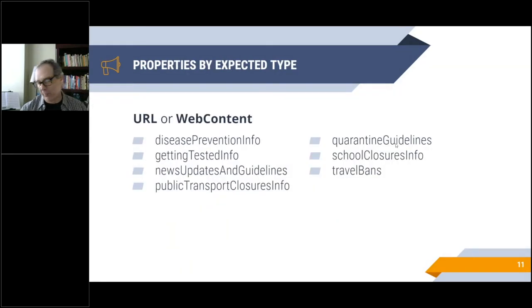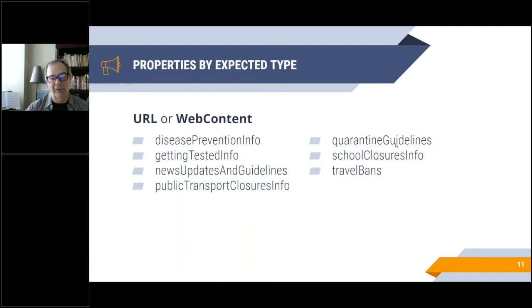Properties by expected type, and one of the reasons that I think it's easiest to look at the properties of special announcement this way is that the bulk of them expect a schema.org type, their way of saying range, of either URL or web content. So while special announcement is a structured data type, most of the properties that it has are basically information pointers.